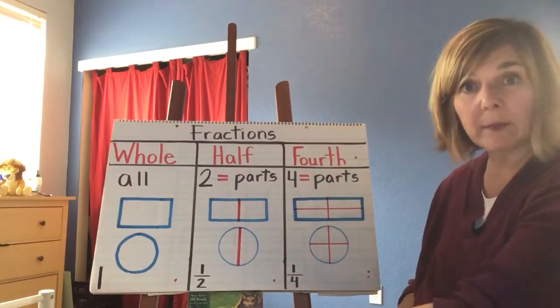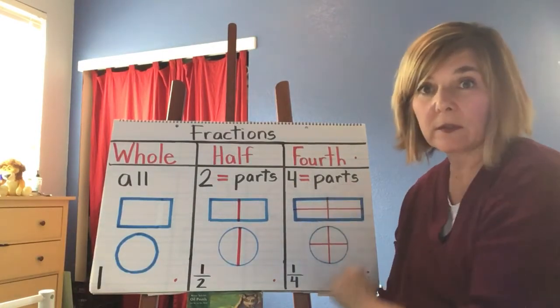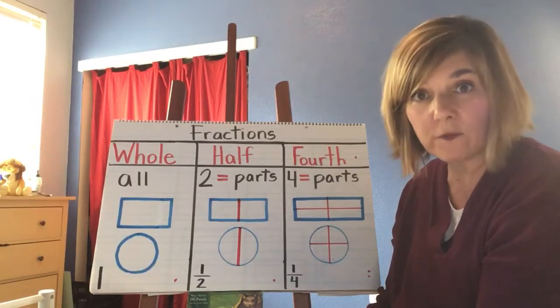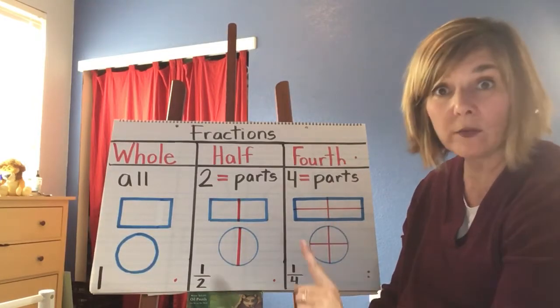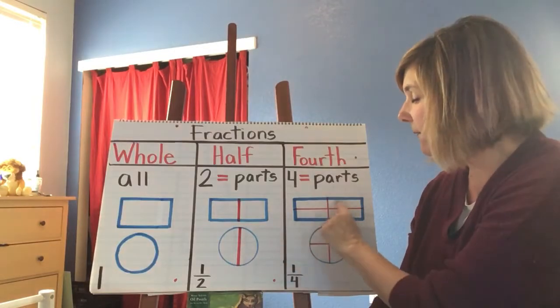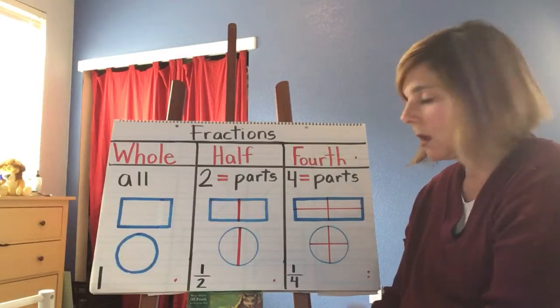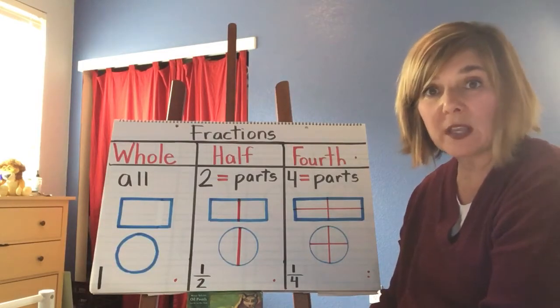Now let's look at my example. 4 equal parts. When something is divided into fourths, it means it has 4 equal parts. See my rectangle? One rectangle divided into 4 equal parts. See my circle? One circle divided into 4 equal parts.